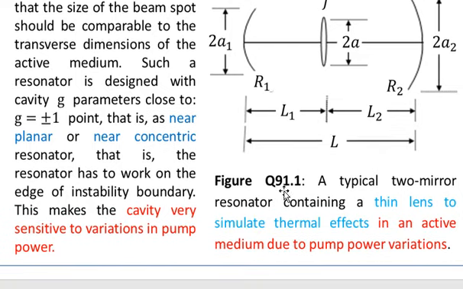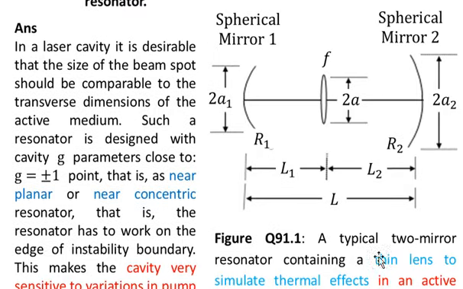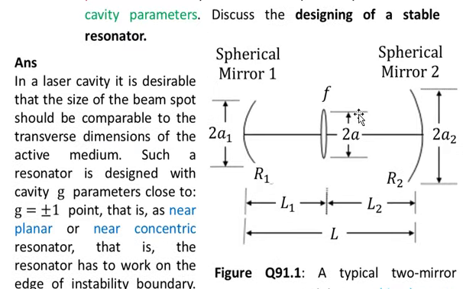So this is figure 91.1, and the caption is: a typical two mirror resonator containing a thin lens to simulate the thermal effects in an active medium due to pump power fluctuations. You see that this is a two mirror cavity resonator having spherical mirror 1 and spherical mirror 2. The dimensions of these mirrors are 2A1 and 2A2.